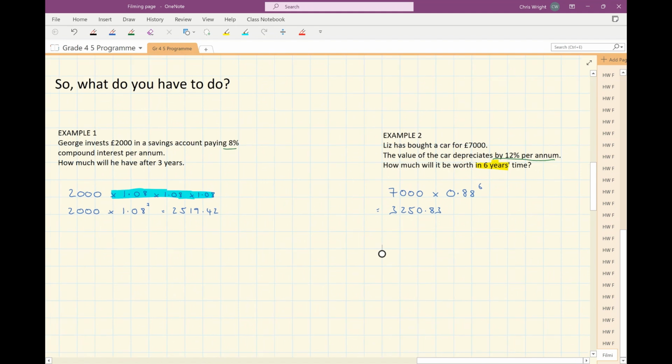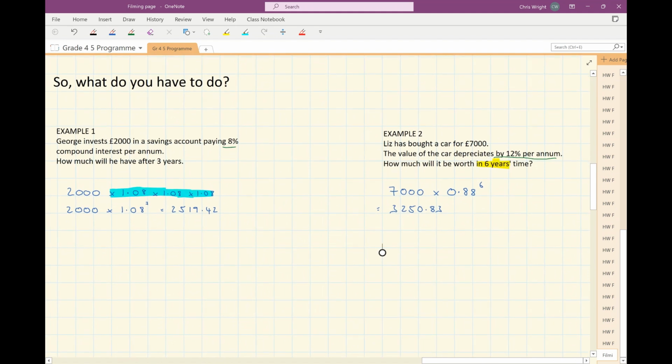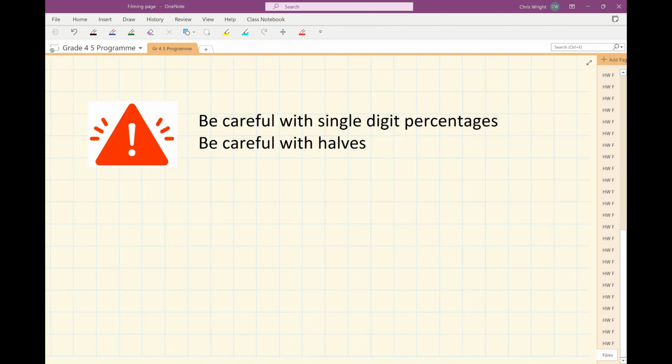You work out the percentage multiplier, and then you raise that to the power, and the power depends upon the number of years. Now again, you need to be careful with single-digit percentages and with halves. If something is increasing by 6%, for example, you need to remember the percentage multiplier is 1.06 and not 1.6.